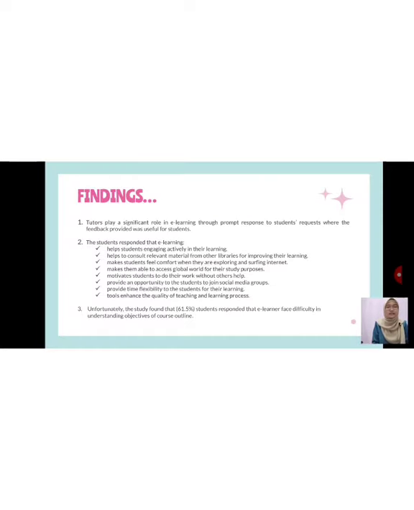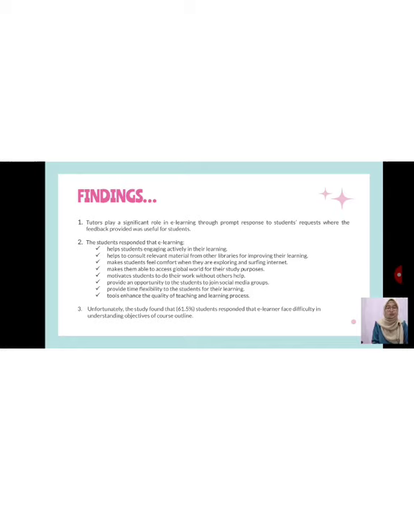Based on the findings, the study found that tutors play a significant role in e-learning through prompt response to students' requests, where the feedback provided was useful for students. Meanwhile, it provides time flexibility to the students and it motivates students to do their own work without others' help.